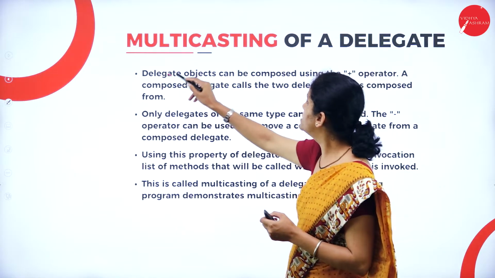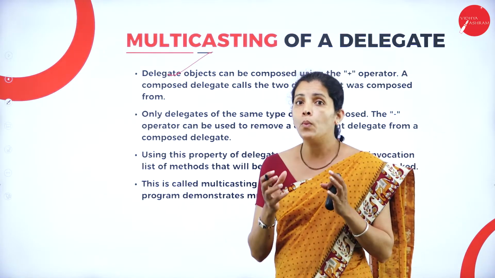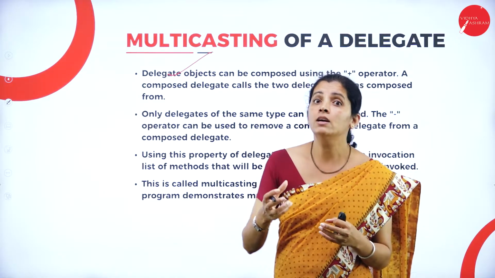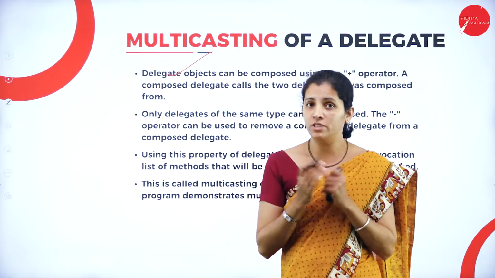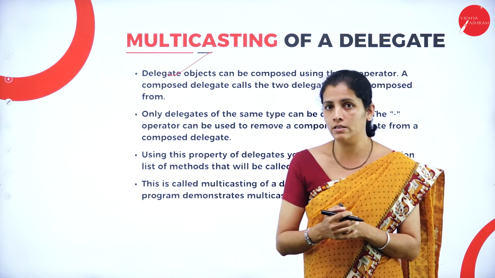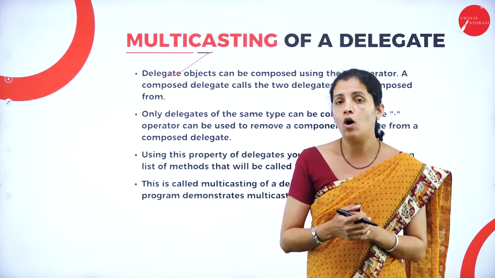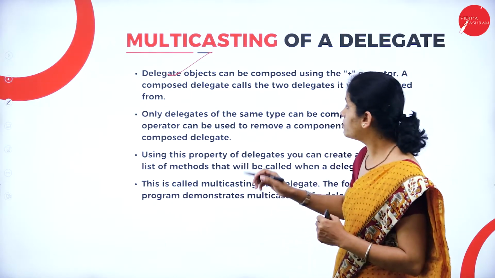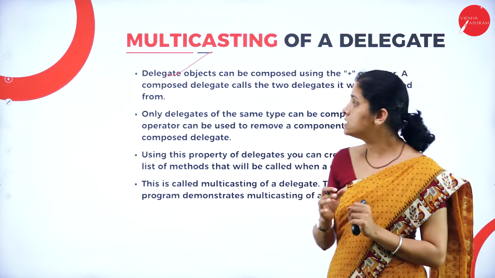So a delegate object can be composed using plus. When I want to create a reference to more than two methods, I consider the object, and when I compose the object, I require the plus operator. I'm adding the methods to the delegate. If I want to remove methods from the delegate, then I'm going to use the minus symbol.